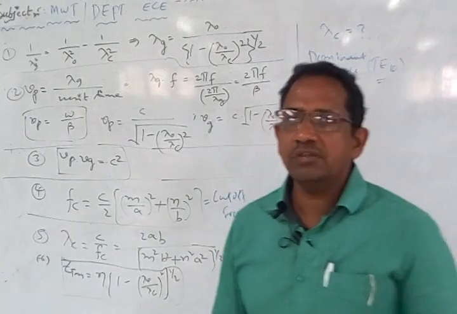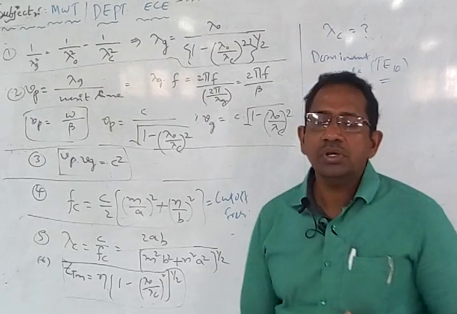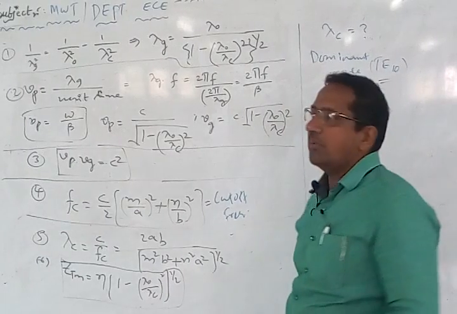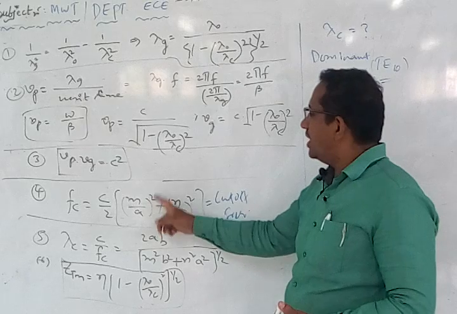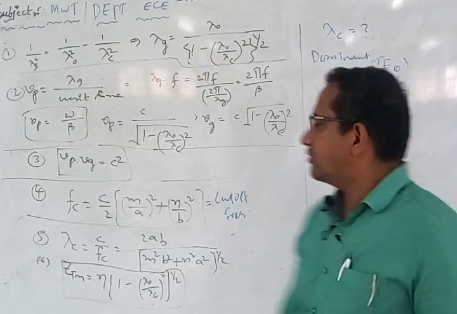That means to transmit any frequency component through the waveguide, the minimum frequency should be equal to the cutoff frequency, which we get by this formula: c by 2 into the square root of m by a whole square plus n by b whole square. So this is the formula for cutoff frequency.